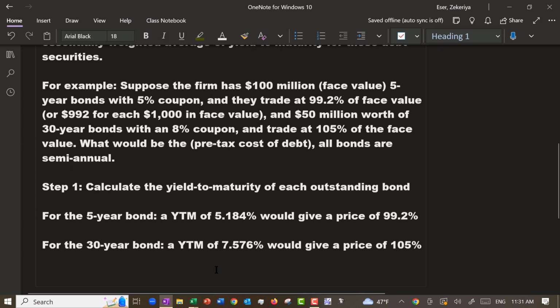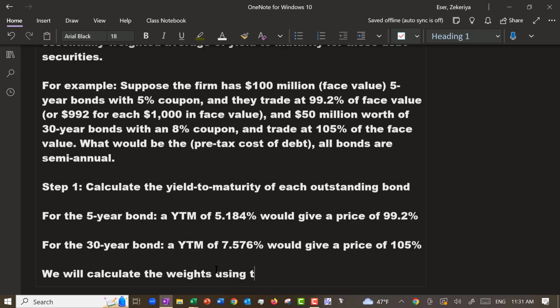So I got two bonds. We will calculate the rates using the market value of the bonds.